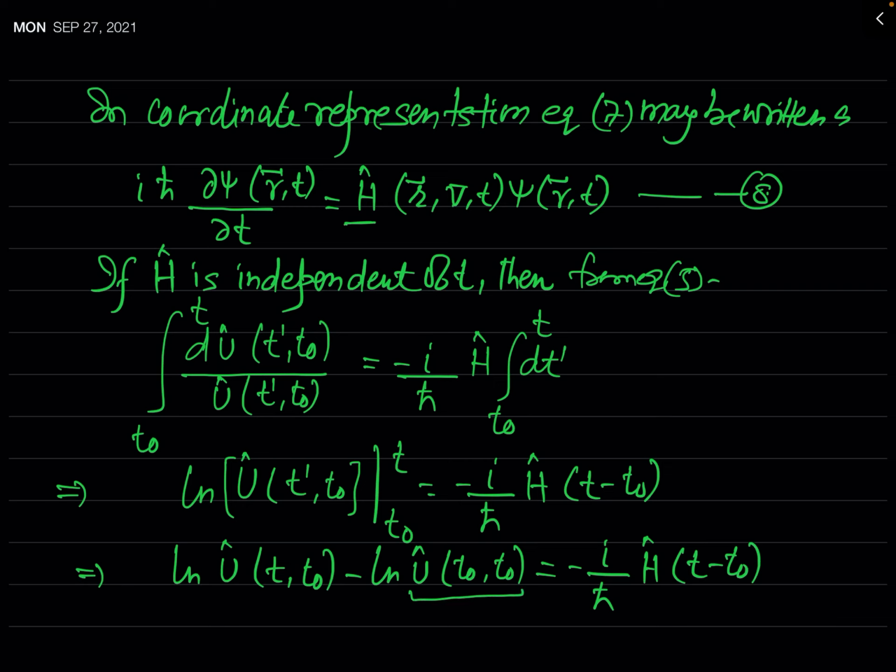Now see, U hat(t0, t0) is 1, and ln of 1, log 1, is 0.